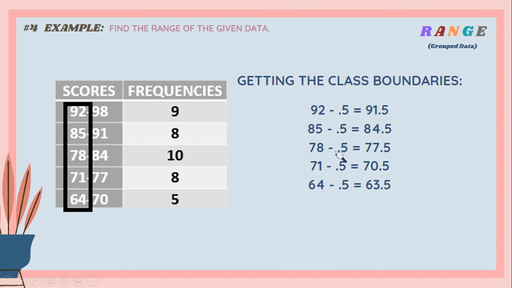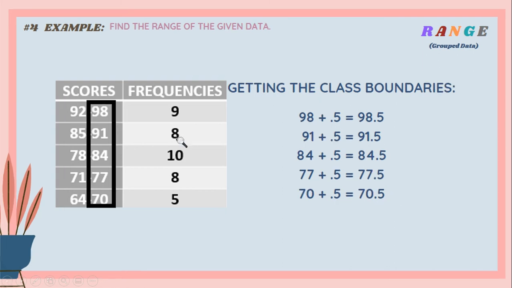Then 78 minus 0.5 is equal to 77.5. 71 minus 0.5 is equal to 70.5. 64 minus 0.5 is equal to 63.5. And then for the higher class limits, we need to add 0.5. So 98 plus 0.5 is equal to 98.5.